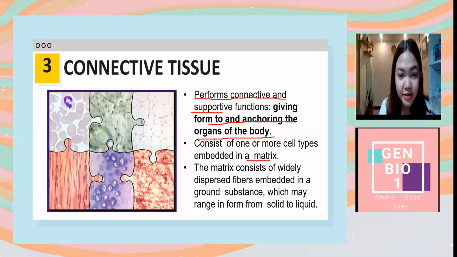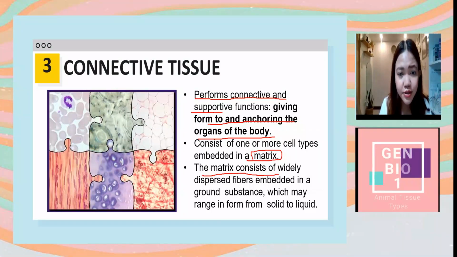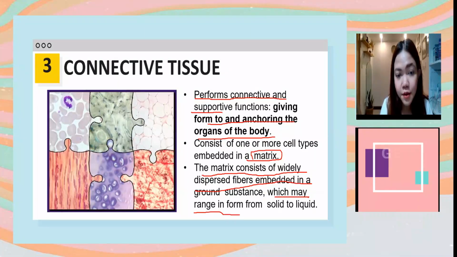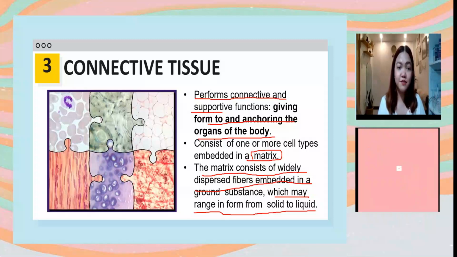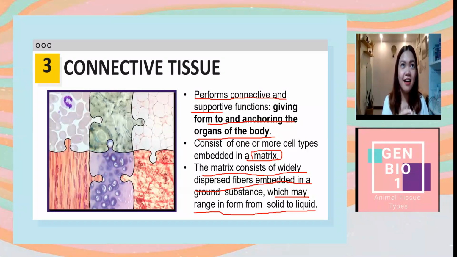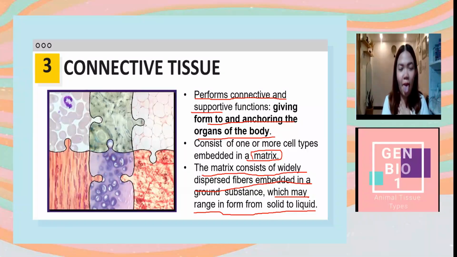So, embedded in the matrix. What do we mean by matrix? The matrix consists of widely dispersed fibers embedded in the ground substance, which may range in form from solid to liquid. Guys, please remember that in the matrix there are living parts, and there are also non-living parts.